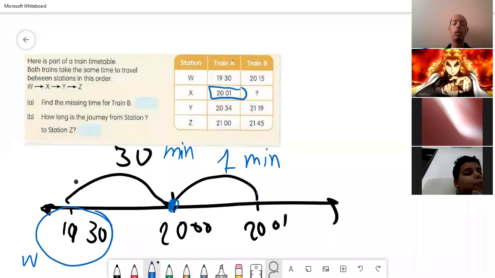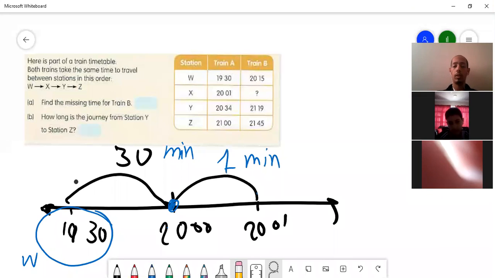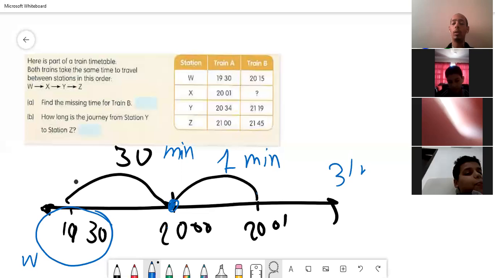So what is the total time to travel from this station to this station? 31 minutes. Now, how do we calculate the time for train B traveling from W to X?